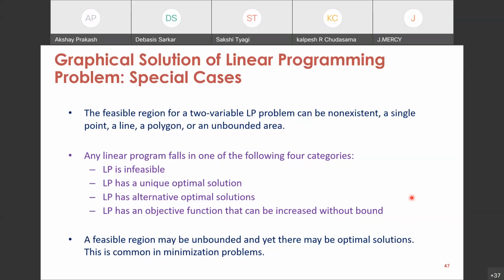The feasible region can be non-existent for a particular problem, which means that problem will not have any solution. It can be a single point, a line, a polygon, or an unbounded area.